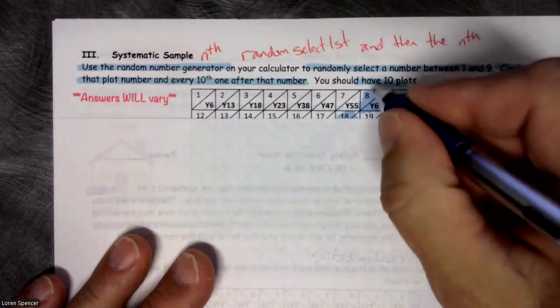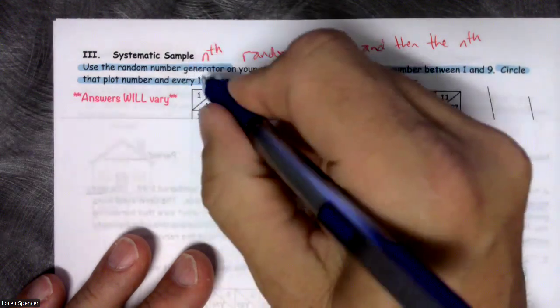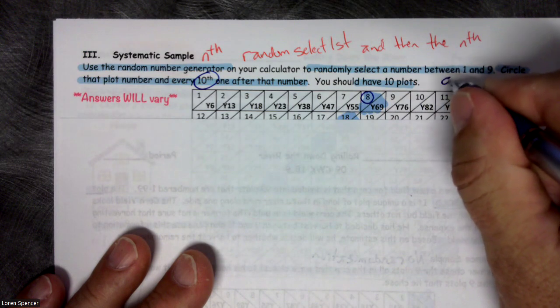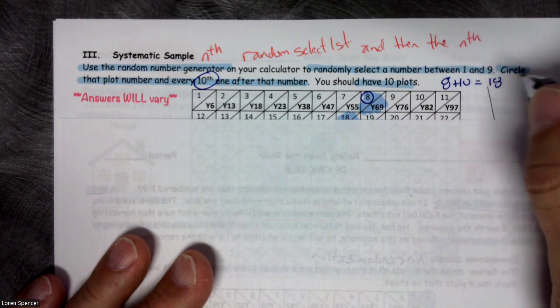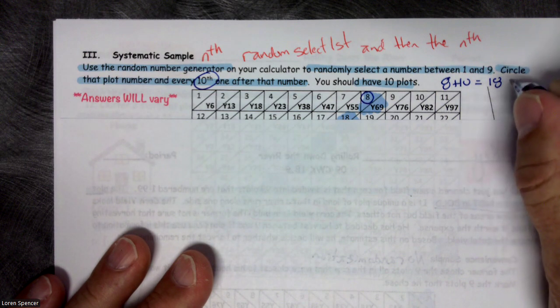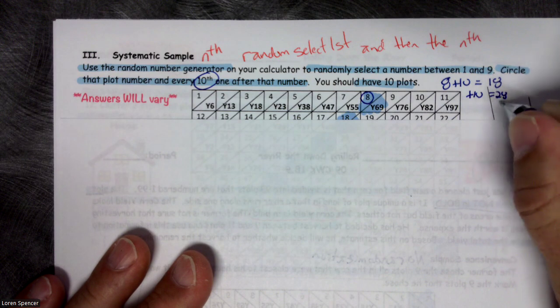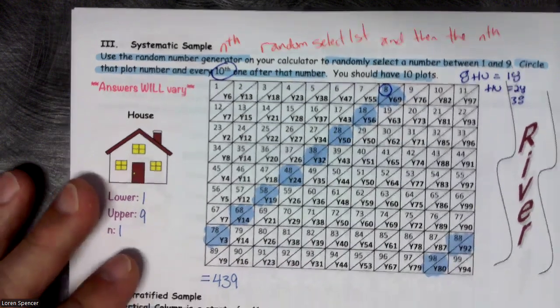I got plot number 8, and I have to add every 10th one, so every nth one. So I'm looking for 8 plus 10, which is 18. All right, I'm going to add 10 to that, and I get 28, and then 38, and 48, etc. So those are the plot numbers I'm going to be looking at.